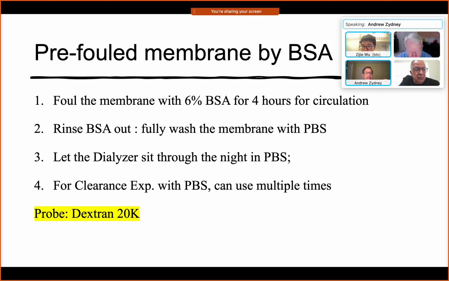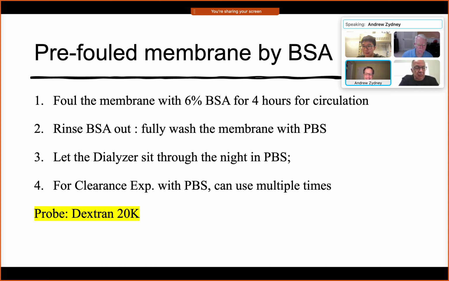I definitely would measure the clearance of the clean dialyzer before you do the fouling, so that you've got a baseline for that dialyzer. There can be small dialyzer to dialyzer variability. And at this point, you don't have any data for the cellulose triacetate if this is what you're going to use for these experiments.